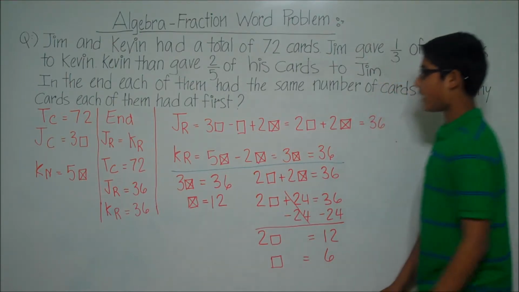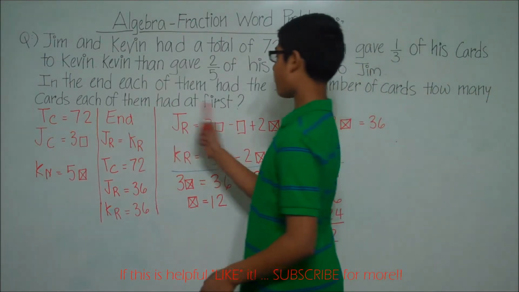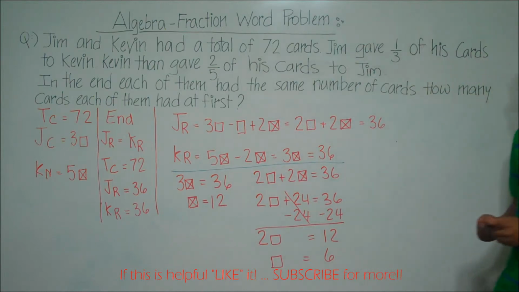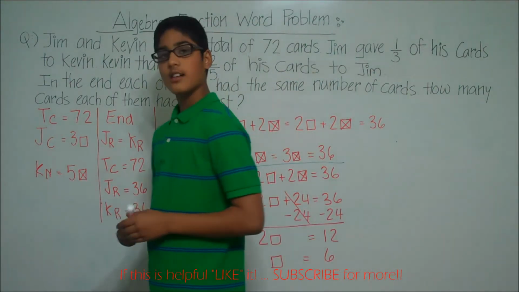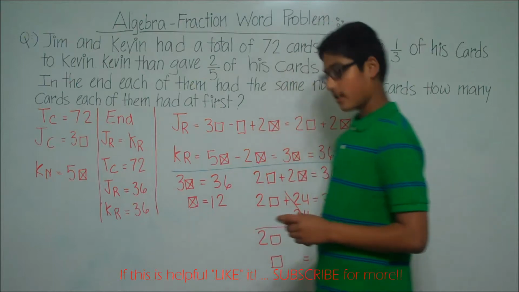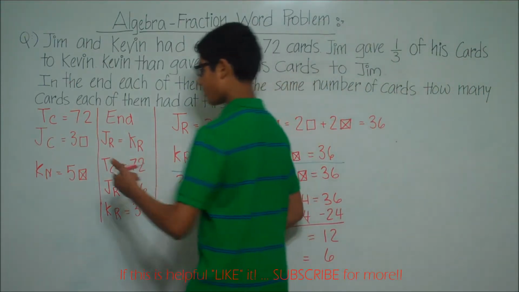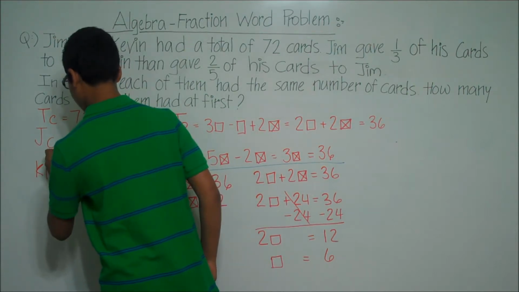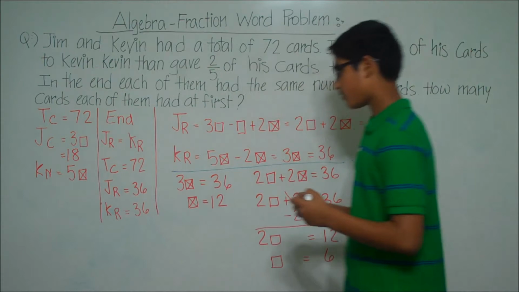Now we need to find out how many cards did each of them have at first. Let's first find out how many cards did Jim have. So Jim had 3 units of cards, and each unit is equal to 6. So he had 3 times 6, which is equal to 18 cards.